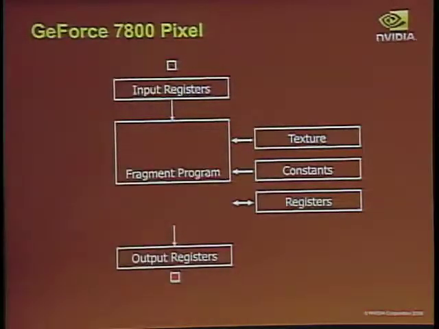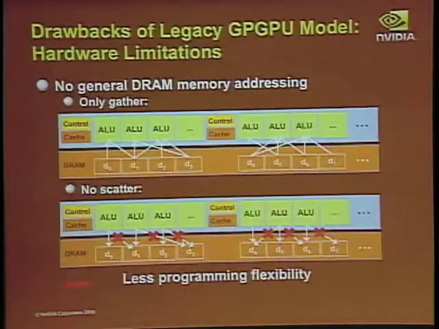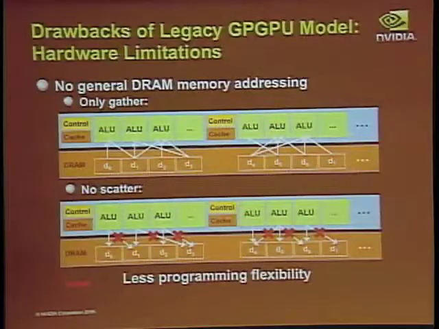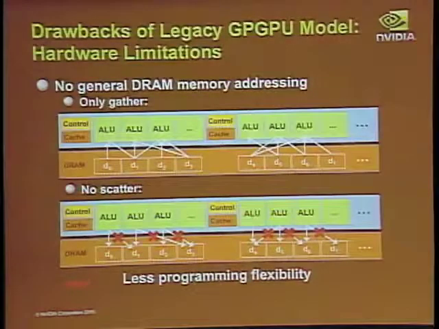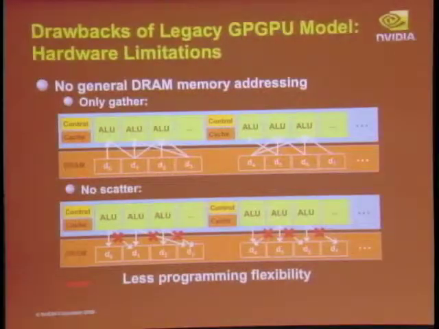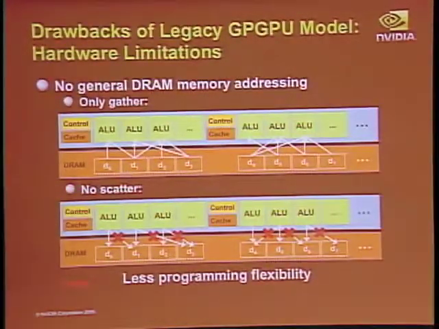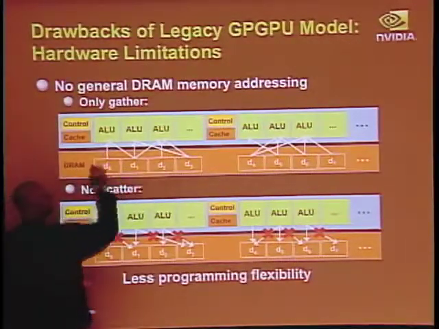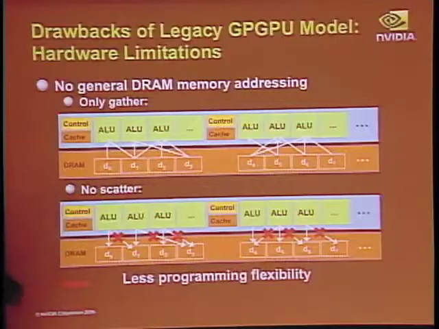So what are the drawbacks of this? One of the issues is that when we talk to texture over on the right here, we can only gather. Texture is read-only. You don't get to write back to the texture, at least not within a fragment program. So your ALUs can go out to DRAM and grab all this stuff, but what we can't do is scatter.